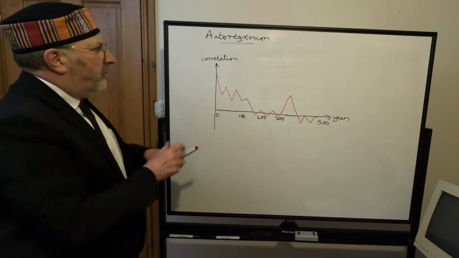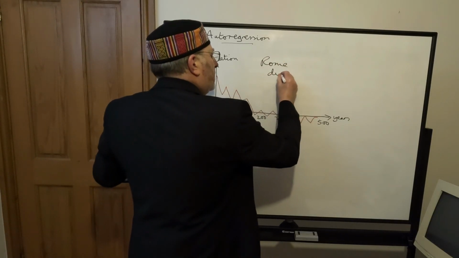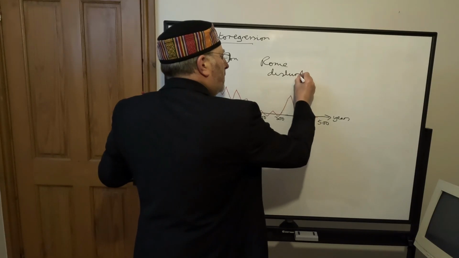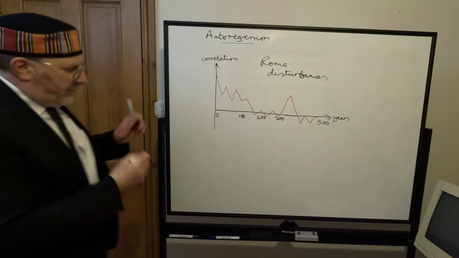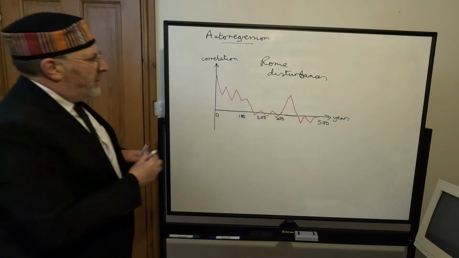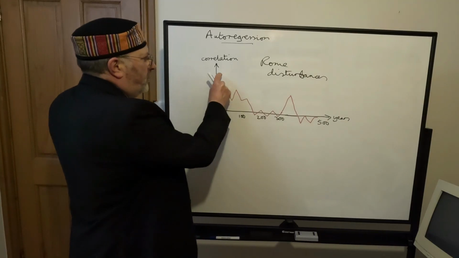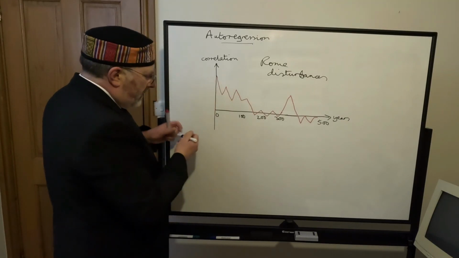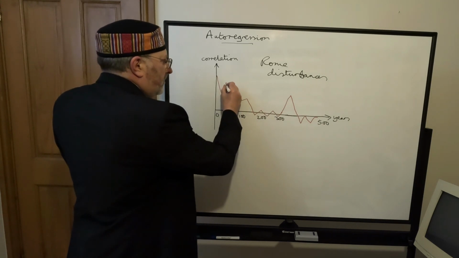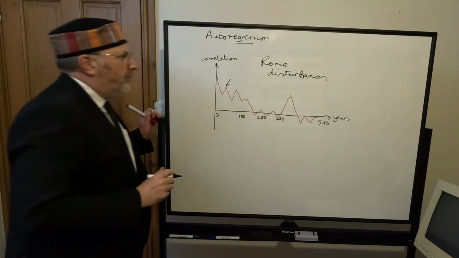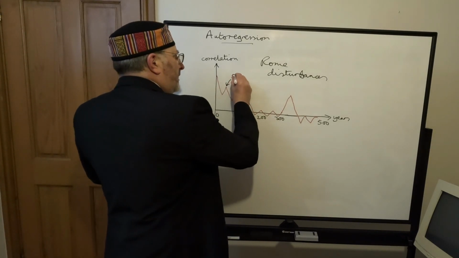Okay, so this is the Rome disturbances. Autocorrelation. And as ever, if it's not shifted at all, we find a perfect correlation. But then there is a peak in the autoregression at 50 years.